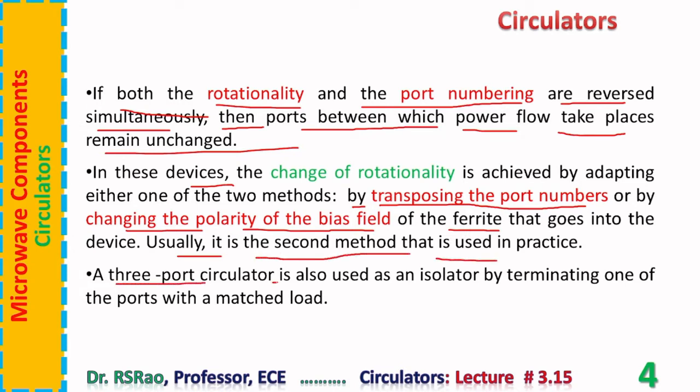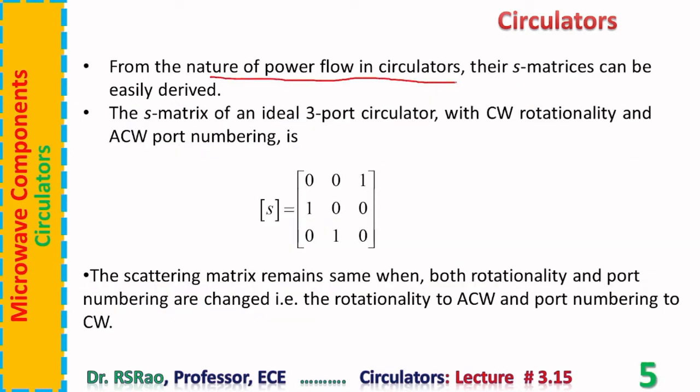A three-port circulator is also used as an isolator by terminating one of the ports with a matched load. From the nature of power flow in circulators, their S matrices can be easily derived. For an ideal three-port circulator with clockwise rotationality and anti-clockwise port numbering, the matrix appears like this: 0, 0, 1, 1, 0, 0, 0, 1, 0.